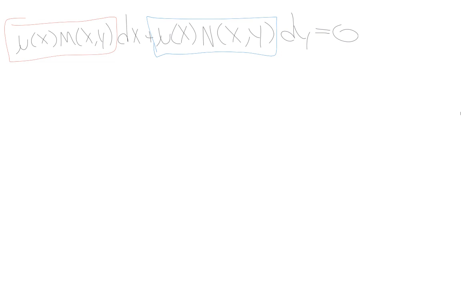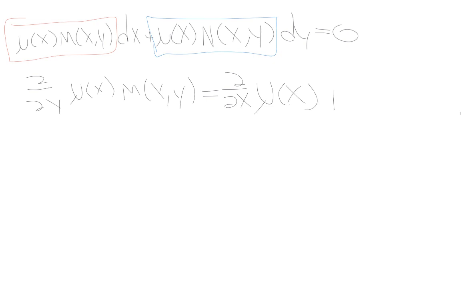So this differential equation is said to be exact if the partial with respect to y of mu of x times M of x y equals the partial with respect to x of mu of x times N of x y.